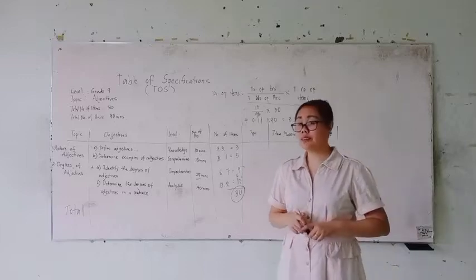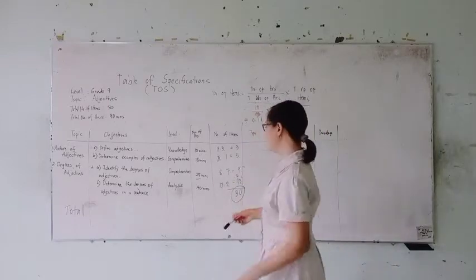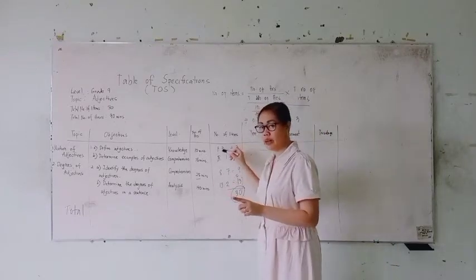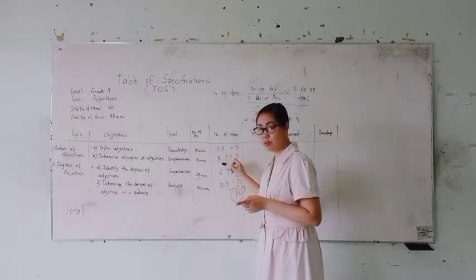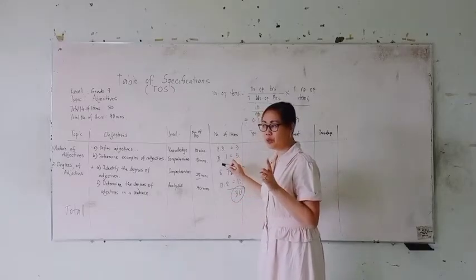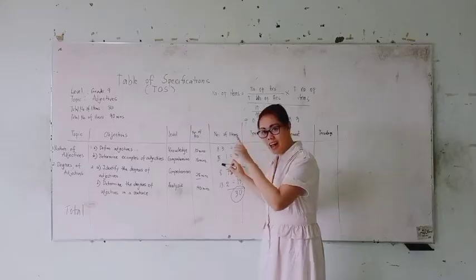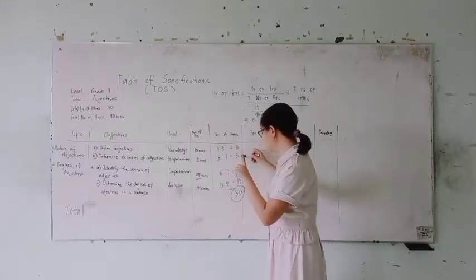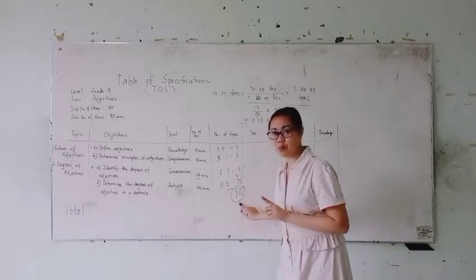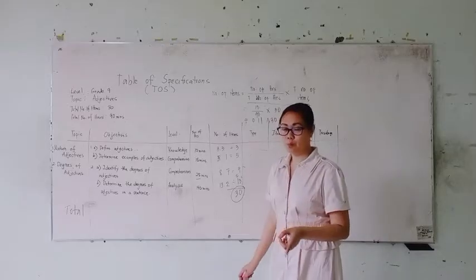Okay? There will be times that you're gonna encounter that one item is 3.5 and then the other one is 3.5. And then if you are going to round off both items at gagawin mo 4 at 4, magiging 31 na yung number of items mo. Ano ang gagawin mo?